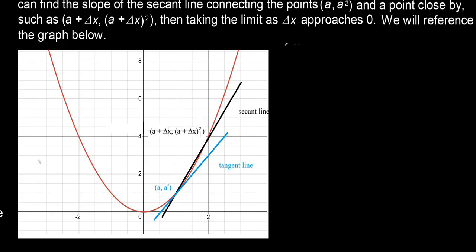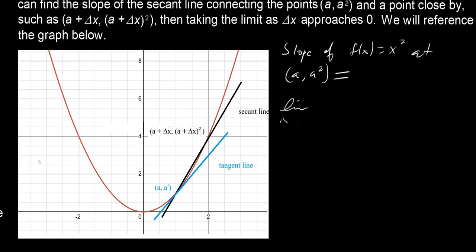So I'm going to say the slope of the graph f of x equals x squared at the point a comma a squared is exactly equal to the limit as delta x goes to 0 of the slope of that black secant line, which would be the change in y, a plus delta x quantity squared minus a squared, divided by the corresponding change in x, which will be a plus delta x minus a.